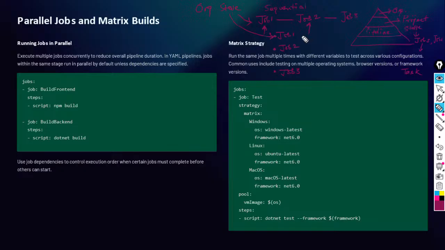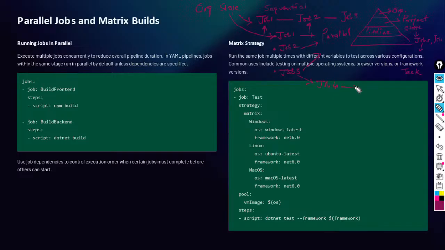So these are called parallel jobs. They are starting together, not sequential. This job does not depend on this job for completion. Okay, to start this job, I do not need job 1 to complete. They will start together. Maybe this job will have again a sequential job 4.